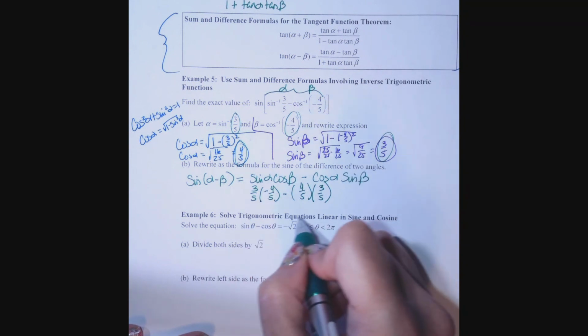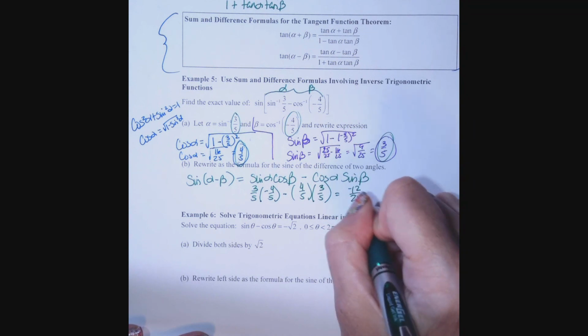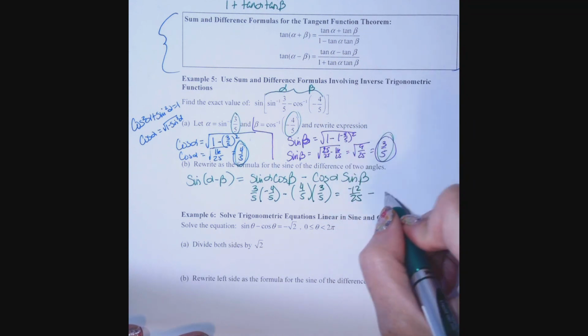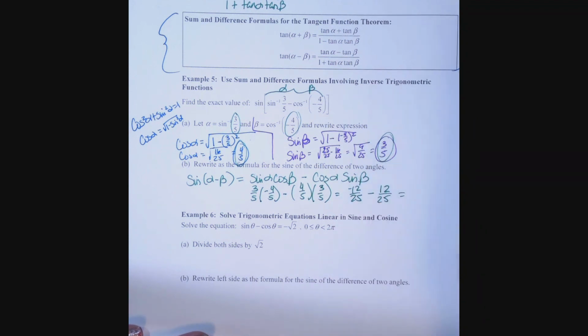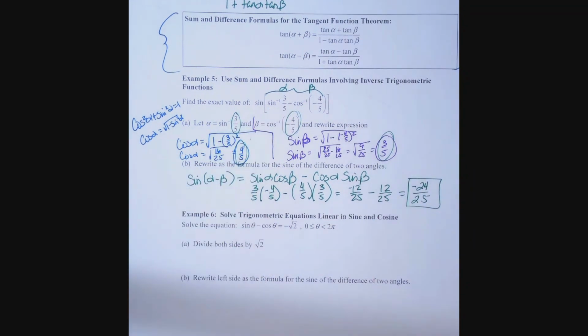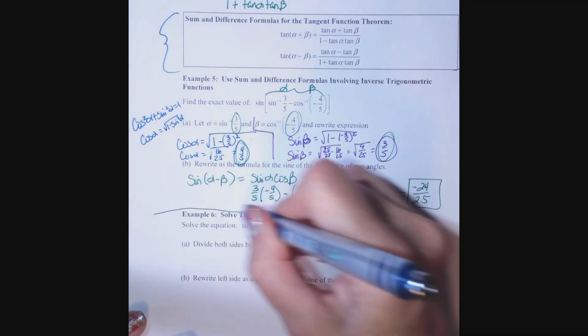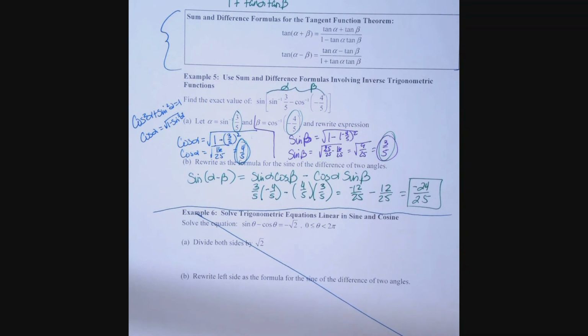So when I do this multiplication, this first term is a negative 12/25 minus positive 12/25, and a negative 12 and a negative 12 is a negative 24/25. That is the sine of the difference of these two angles. All right, guys, and like I said, we are going to skip example 6. All right, there we go.